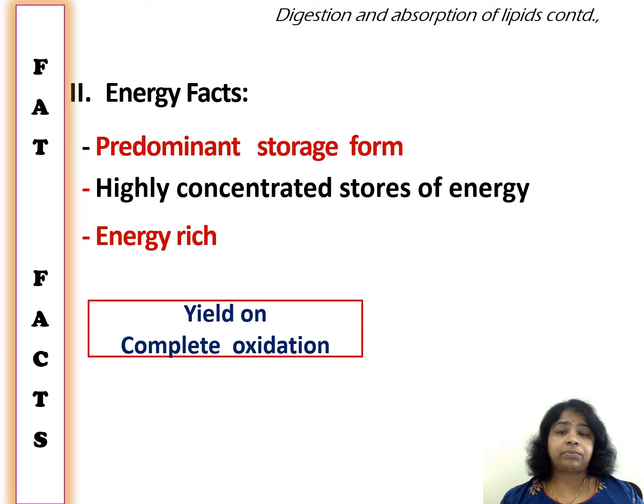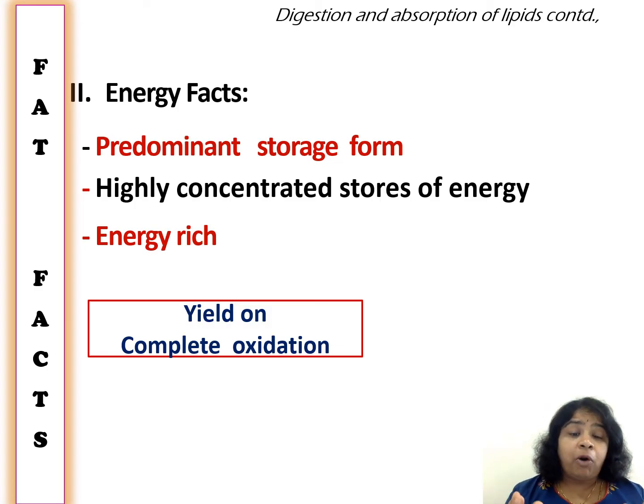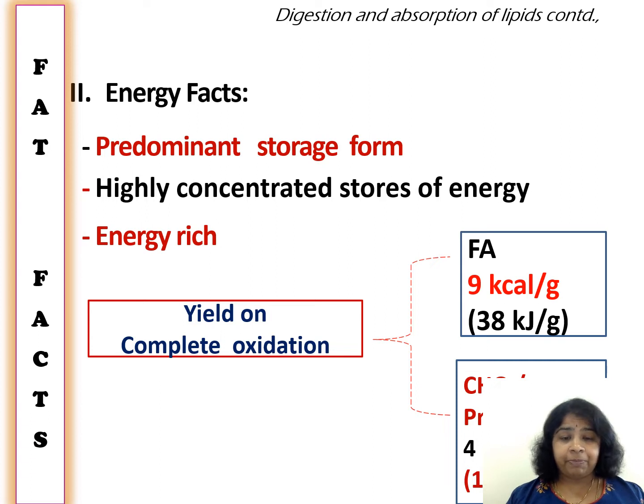Now, why is triacylglycerol the predominant storage form? If you look at the amount of glycogen versus the amount of triacylglycerol, the amount of triacylglycerol is very high compared to glycogen. Why is there this preference for triacylglycerol?